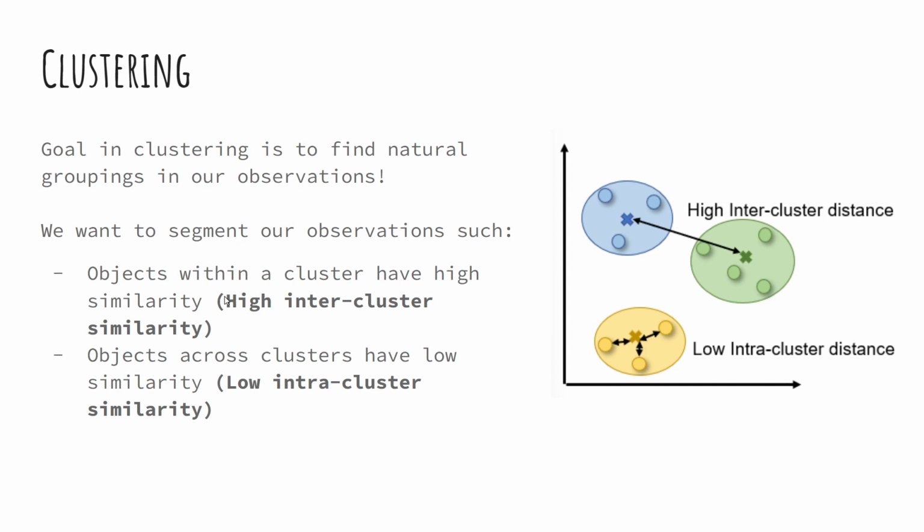So high is in close, inter within. And then the opposite is low similarity across clusters. So low, now instead of inter, it's intra. So across these clusters, they're not so similar. We can see the center of here and the center of there, they are far apart. So these are just keywords that you need to learn.